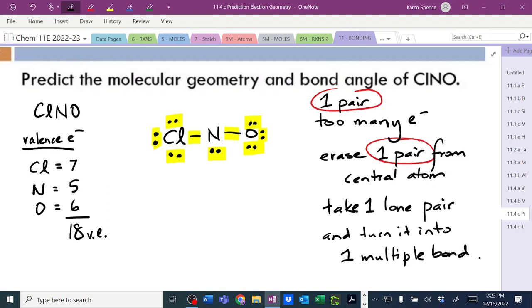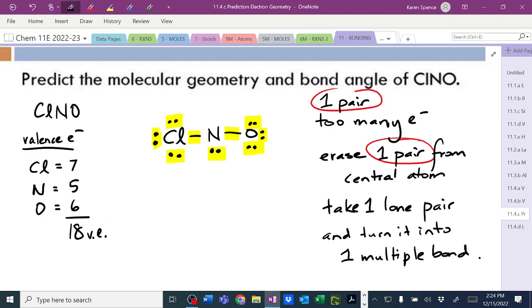And so you would have to take 1 lone pair and turn it into a double bond, and a second lone pair and turn it into a triple bond. But that's how you know how many double or triple bonds. That's why I say multiple bonds, because if you have 2 multiple bonds, that could be a double bond and a double bond, or it could be 1 triple bond.